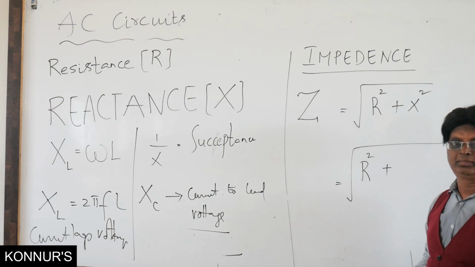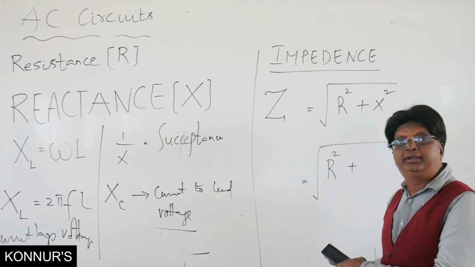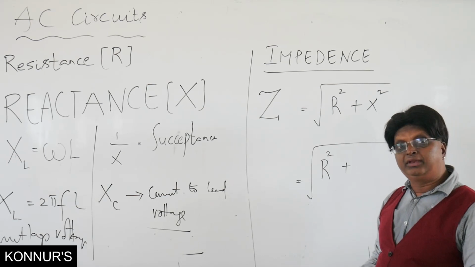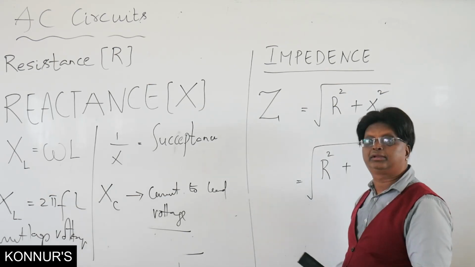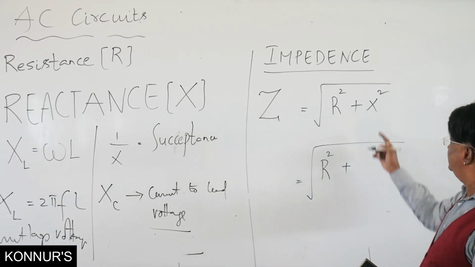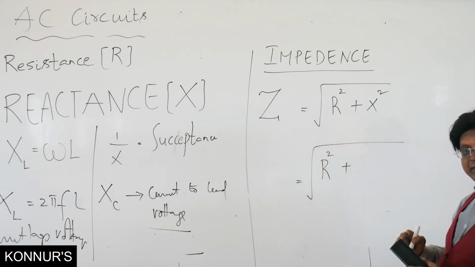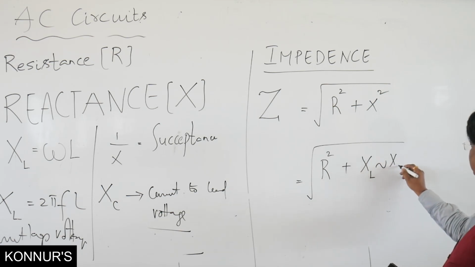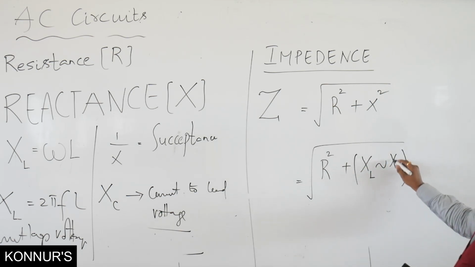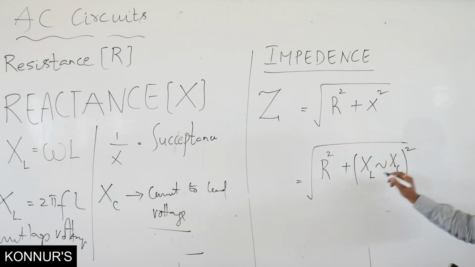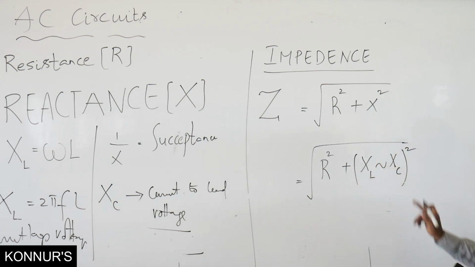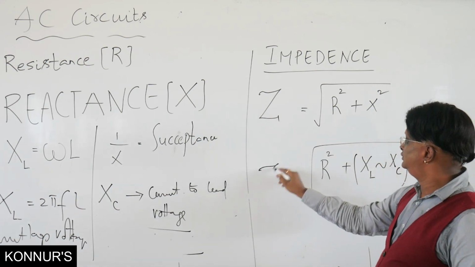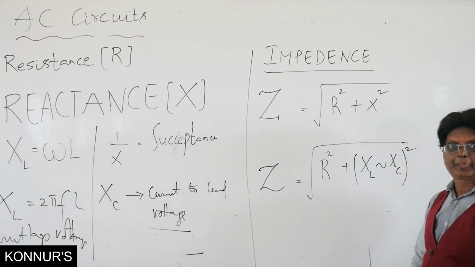Supposing we have an AC circuit with both inductor and capacitor, then, because of their opposite natures, we take the net reactance as the difference of XL and XC, higher value minus lower value. Impedance is then the square root of R square plus the square of XL minus XC.